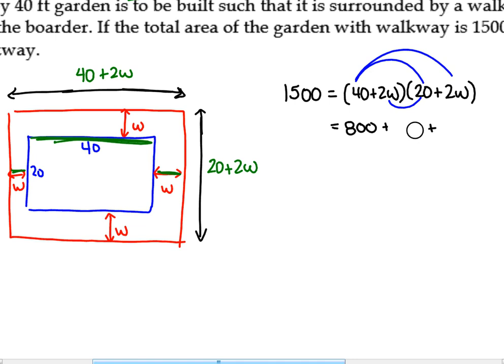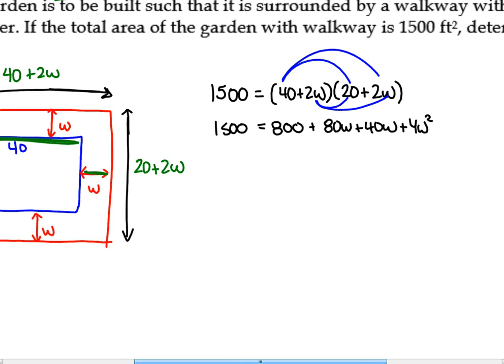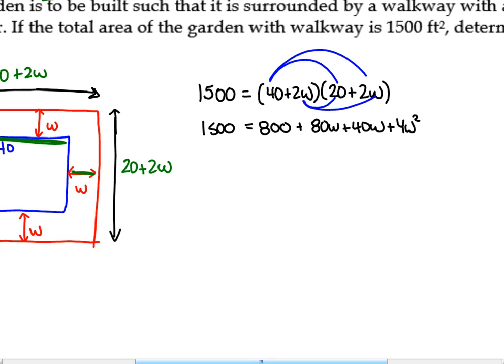Yep. 80W, 40W, and then last, 4W squared, and that's equal to the 1500. So, can I do this all at once? Is that too much? I'm going to bring over the 1500 and also collect like terms. Doing two things at once.